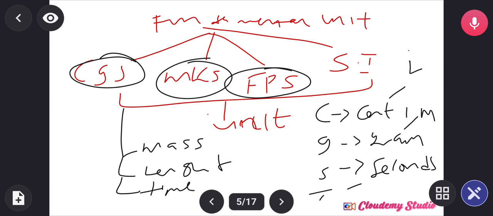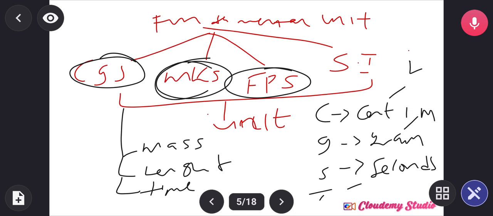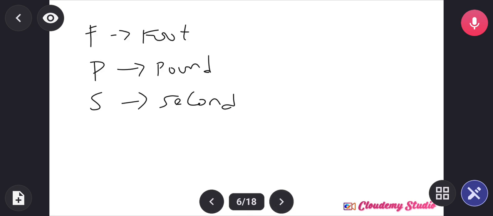That is one system of units. Then we have FPS. What does FPS mean? FPS, that is foot for length, pound for mass, and S for seconds. That is what it means. So we now have MKS.